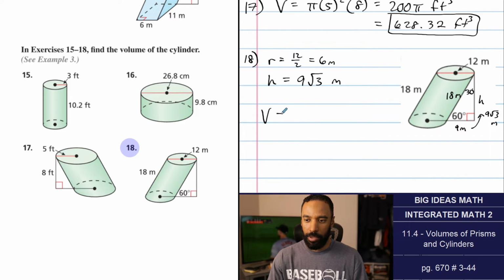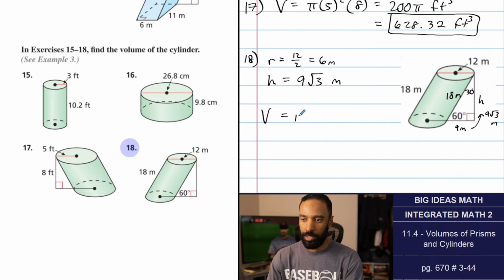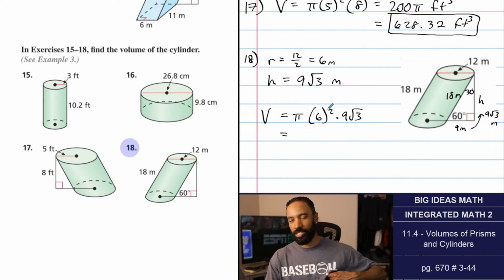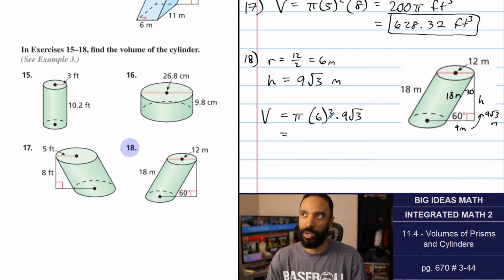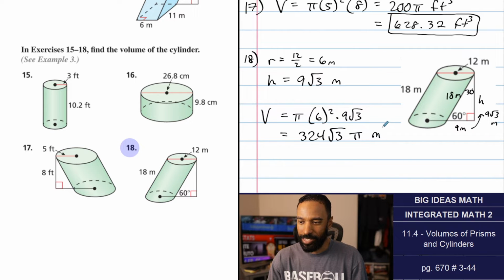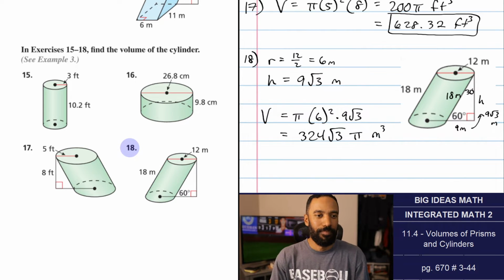So as far as pi r squared times height, that's pi times 6 squared times height. As an exact answer, 36 times 9 is 324, I think. So 324 root 3 times pi, that's cubic meters.